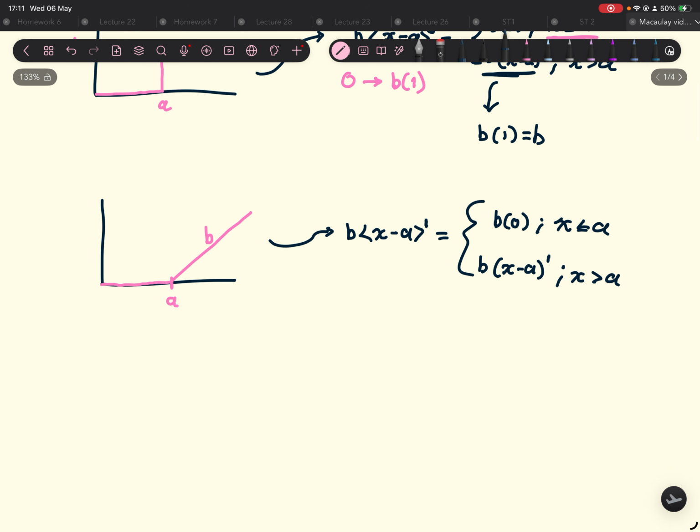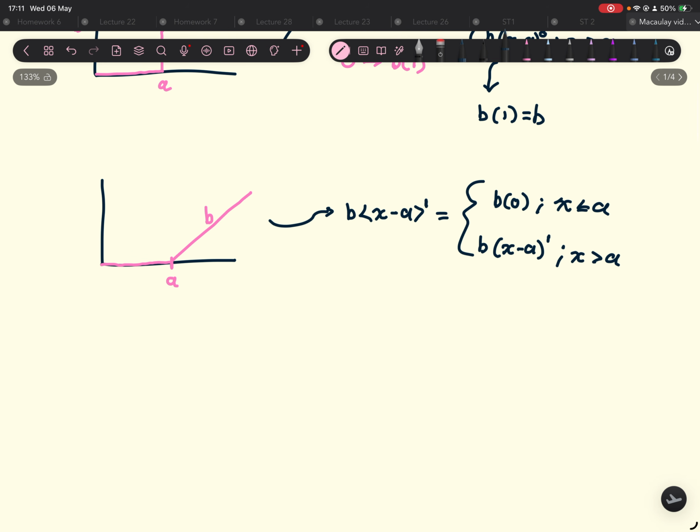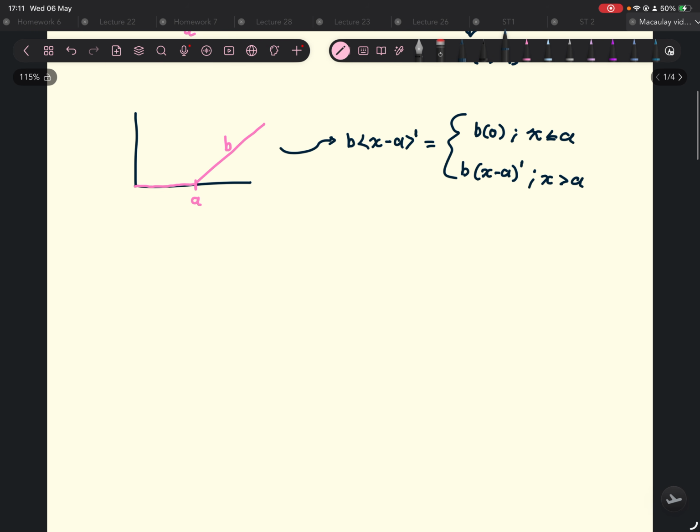So essentially you're going to get an equation for a straight line when x is greater than or equal to a. I hope that makes sense. Then applied to beams.